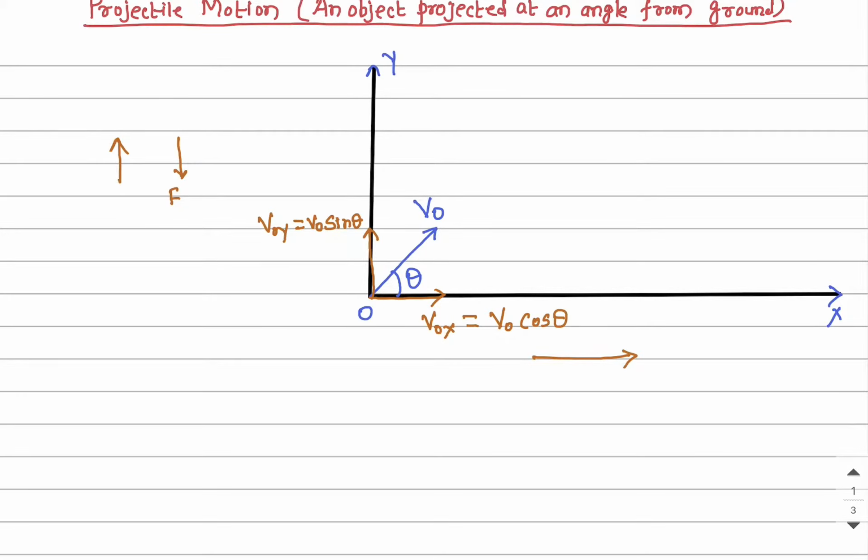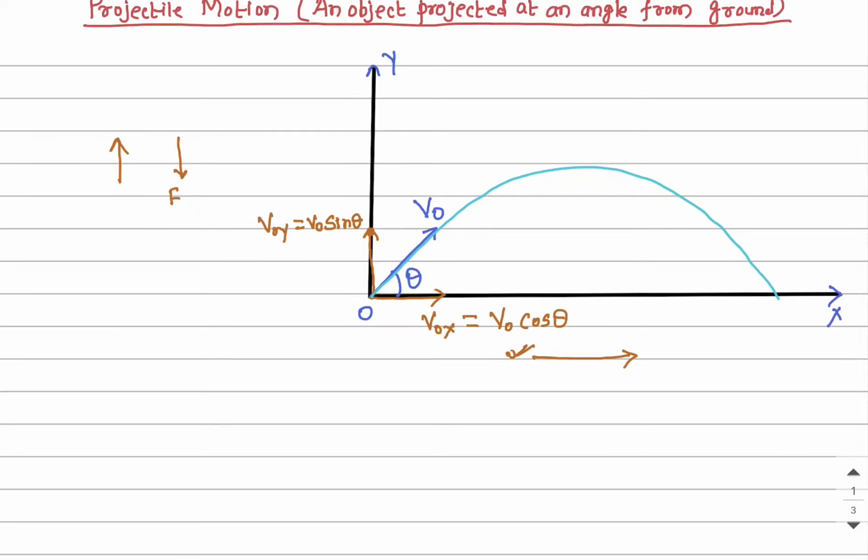So as there's a force acting on the vertical motion, this velocity will start decreasing. And when it reaches the peak, then its velocity will be 0. But the horizontal velocity will not be affected at all because there is no force acting on it.